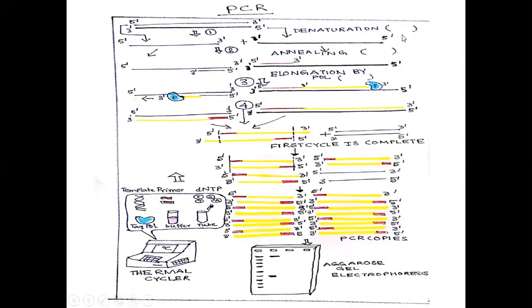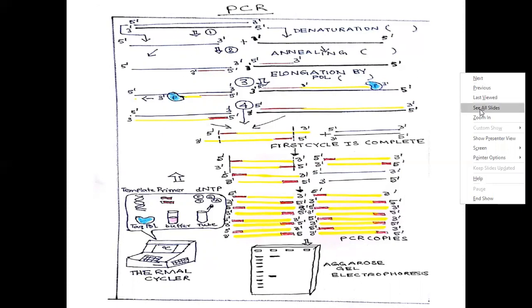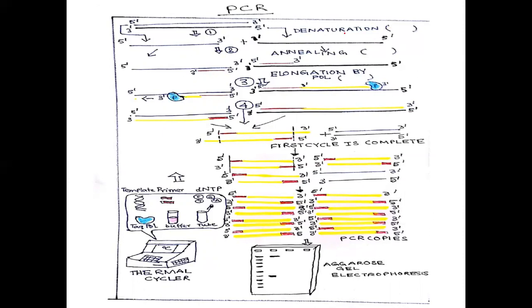These brackets denote the respective temperatures. So there are basically three steps: number one, denaturation, then annealing, and elongation.